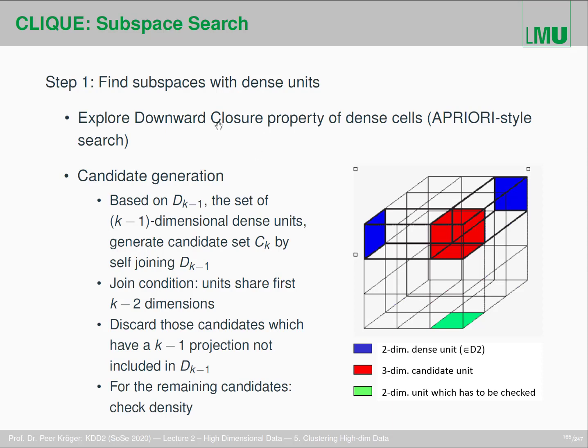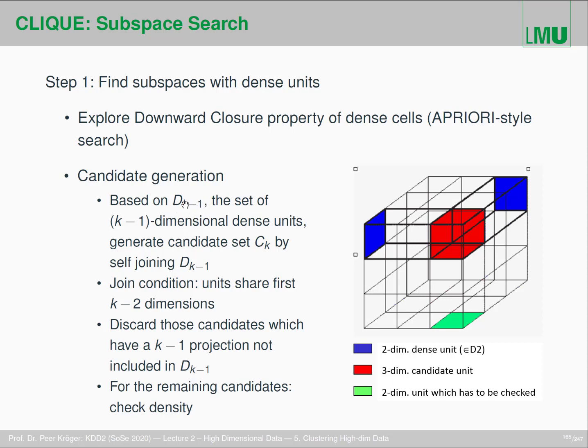So they exploit the downward closure property of dense grid cells in order to compute all subspaces having dense grid cells. And well, the most interesting part is the candidate generation, which is exactly the same as in the a priori frequent item set mining algorithm. It is based on the set of k-1 dimensional dense units, which is denoted as D_{k-1}.